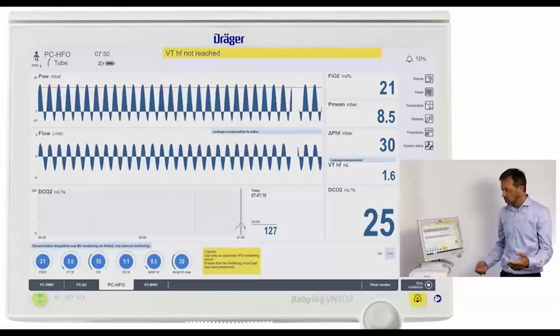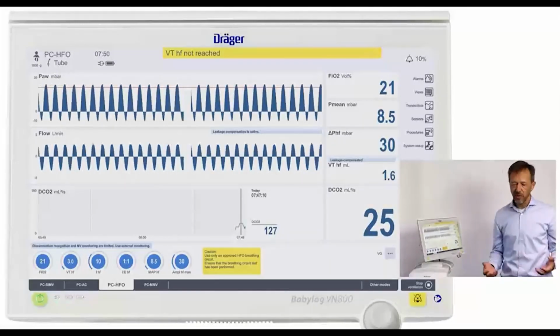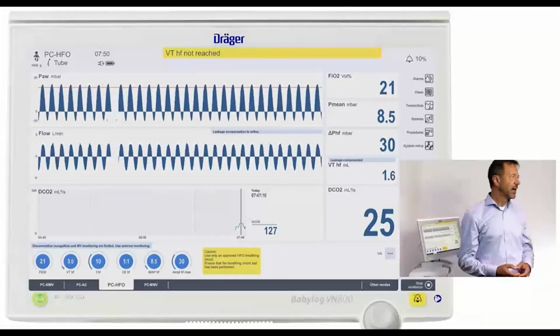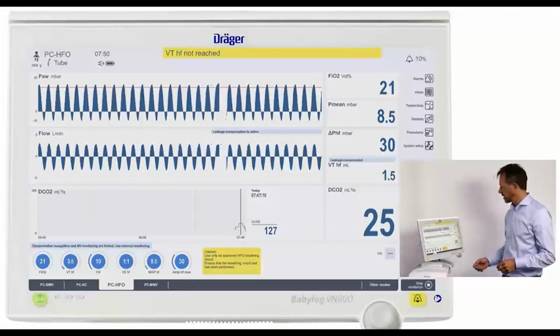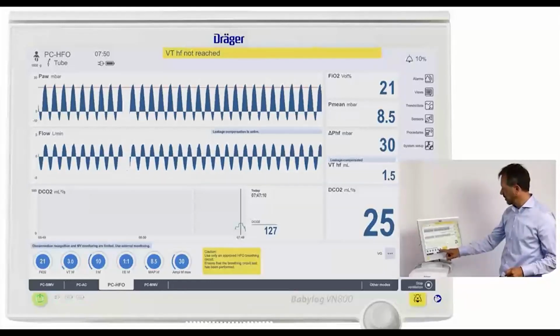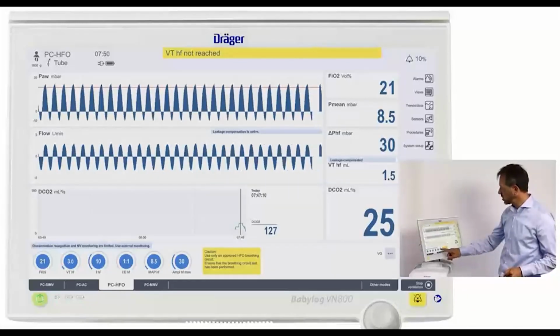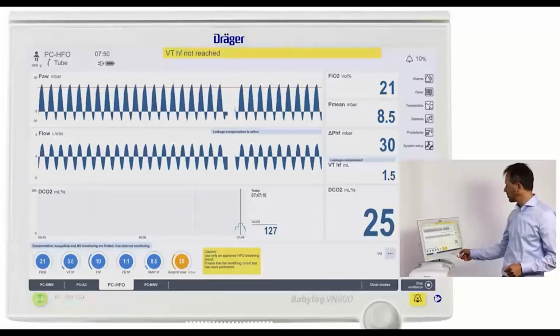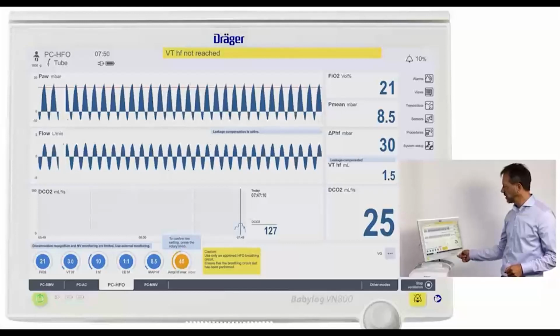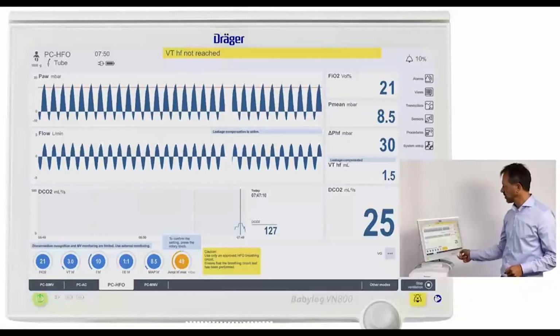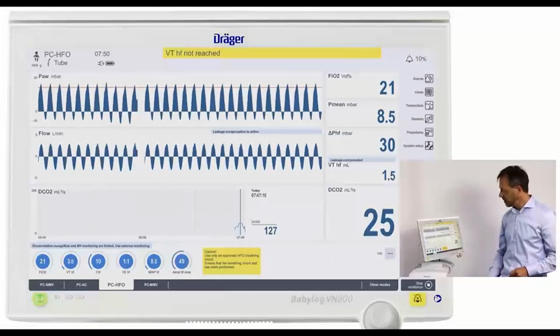But it could be as well that you look at the patient but realize that you have to allow the ventilator more amplitude. If you want to allow the ventilator more amplitude, you simply can touch the maximum amplitude and increase this, in this example, up to 49.